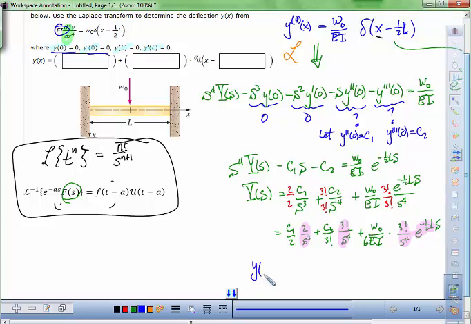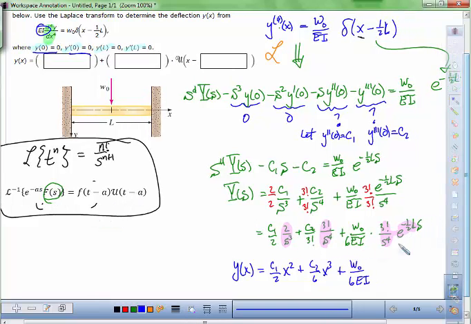Y of x is equal to c1 over 2, and then this gets pulled back as t squared, or x squared, plus c2 over 6, and the 3 factorial over s to the 4th gets pulled back as x to the 3rd, plus we have a constant w naught over 6 EI in the denominator, and then now the pullback over here is a shift.